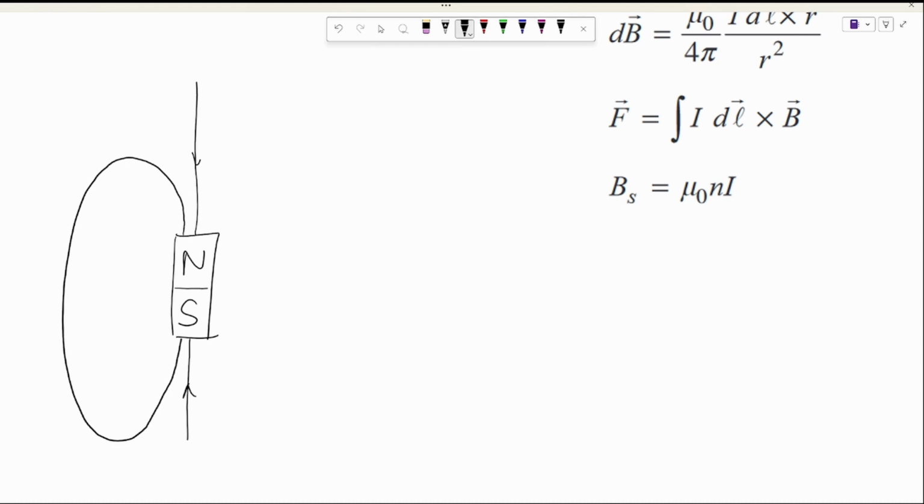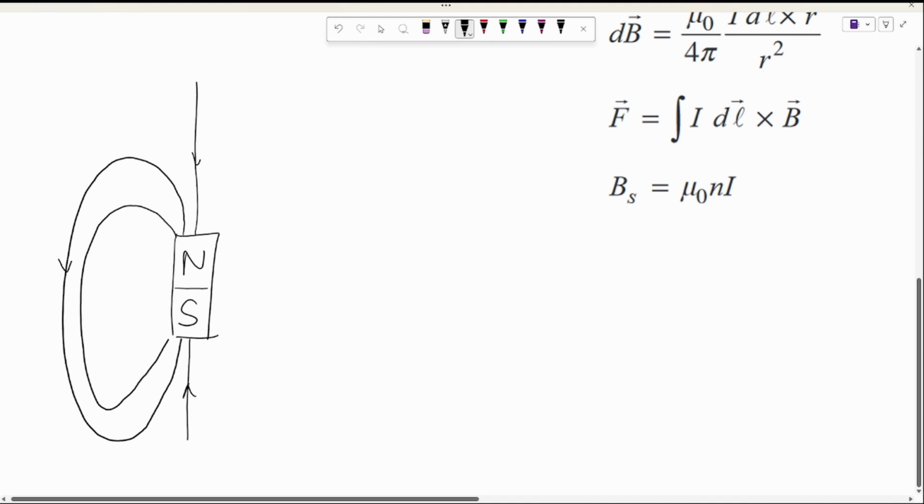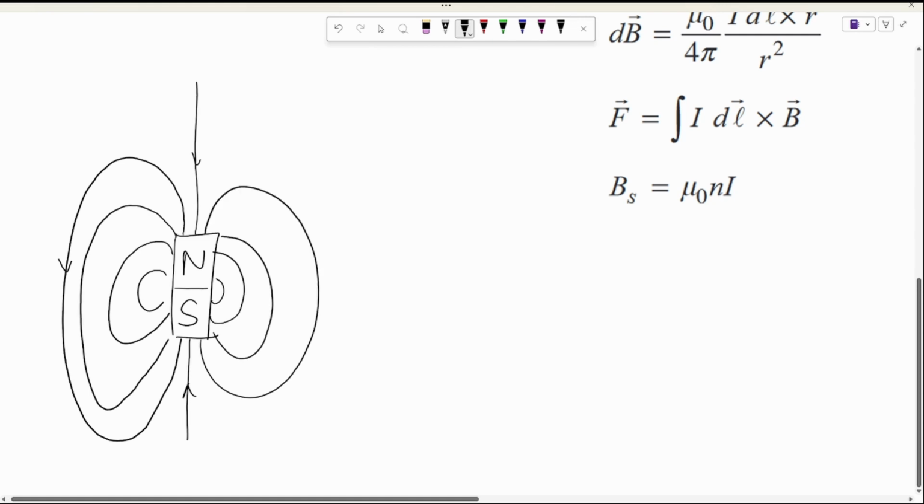Magnetic field lines should always, always, always form loops. So, I don't know, something like this. Nope, not that way. And they will point from north to south.